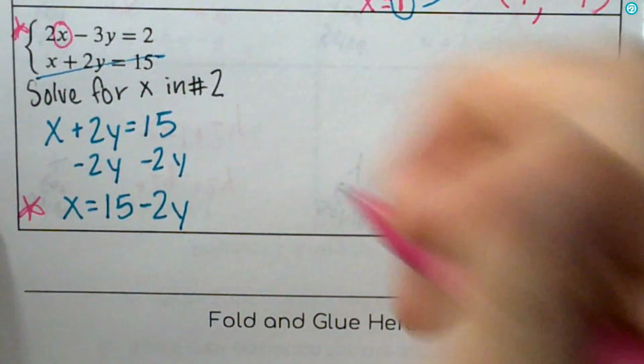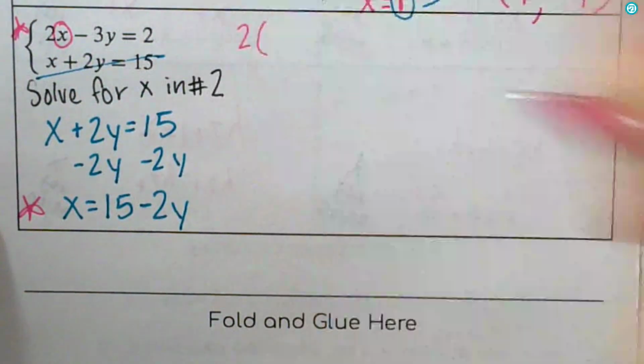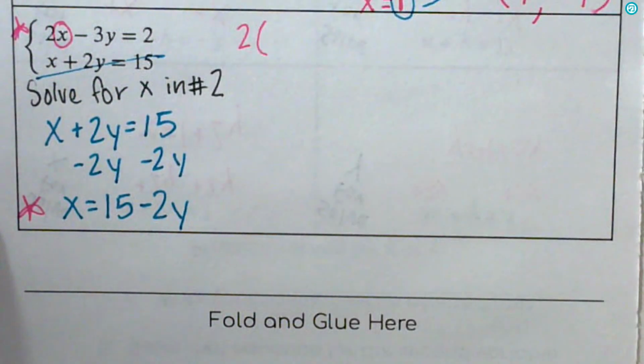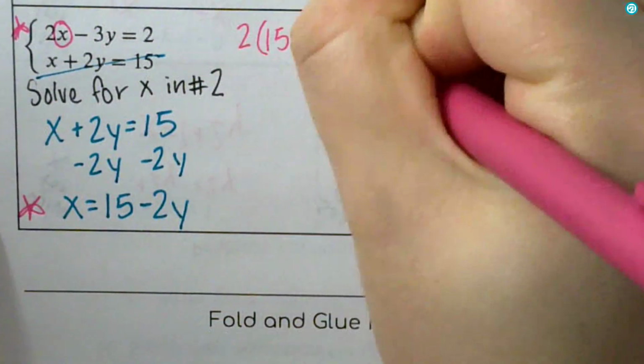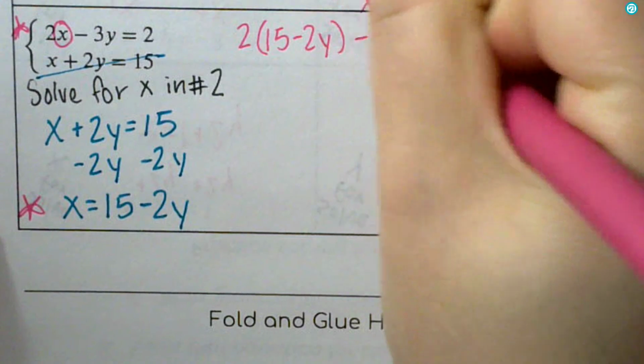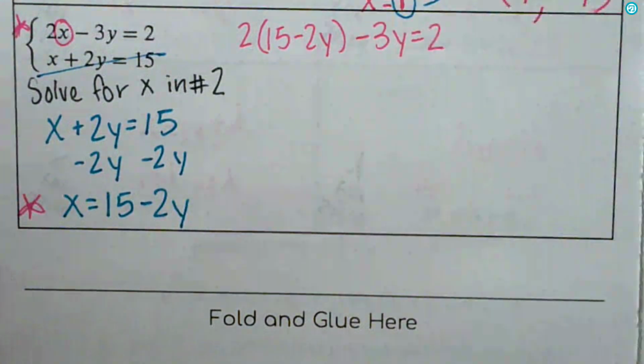So I'm going to have 2 times, plugging in for x, 15 minus 2y. And I've got minus 3y equals 2. So that is step number 2, plugging in. Any questions right now?